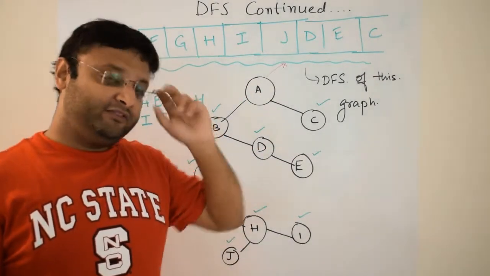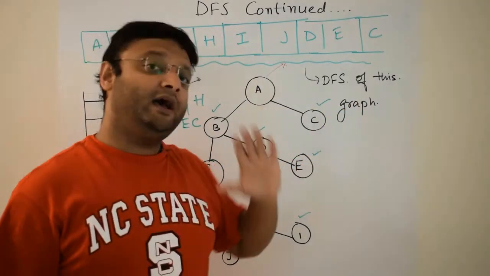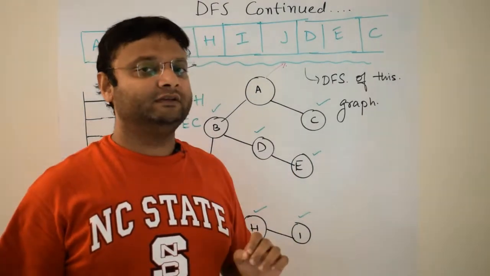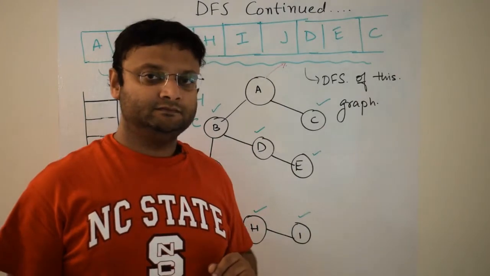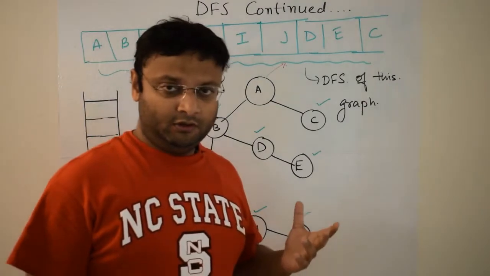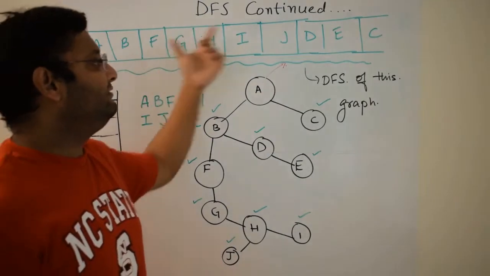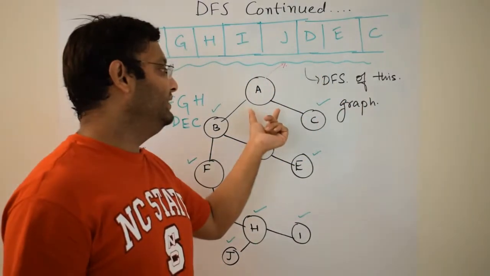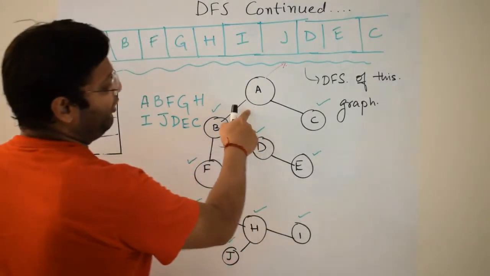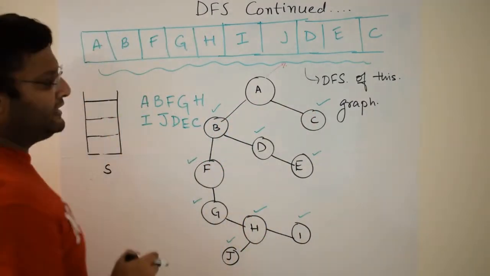Now again, if you could observe here, if I ask you whether there will be a unique DFS traversal for this question, just think about it, pause and think about it. Okay, so as you might have guessed, no. There could be multiple versions of DFS traversal of this graph, even if we have started with node A. How? When we popped out A and pushed two of its unvisited neighbors, I told you at that time that you had a choice.